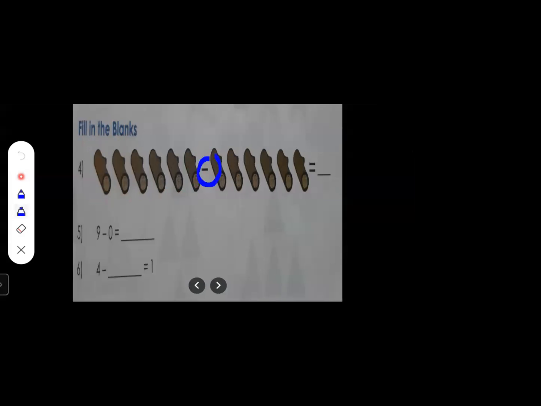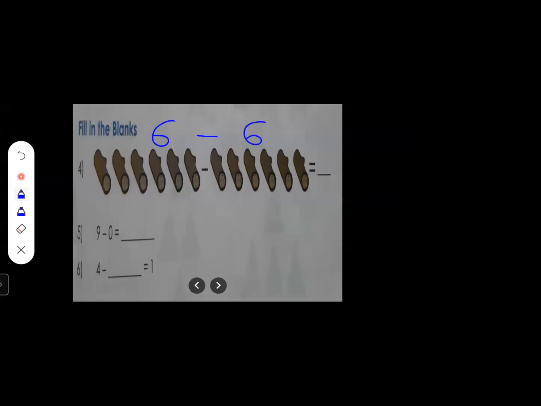Minus sign is there. So we are going to count the objects first. 1, 2, 3, 4, 5, 6. So here there are 6 objects and over here 1, 2, 3, 4, 5, 6. Here also 6.